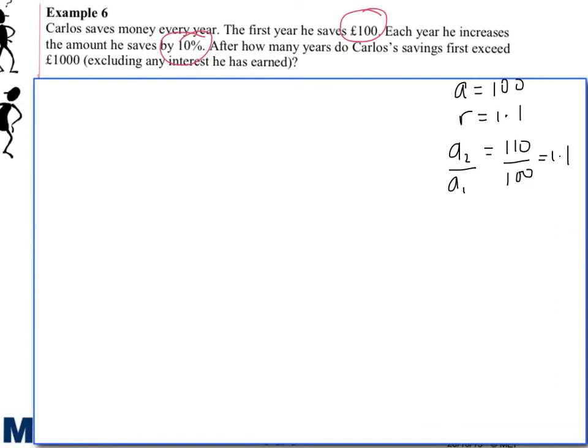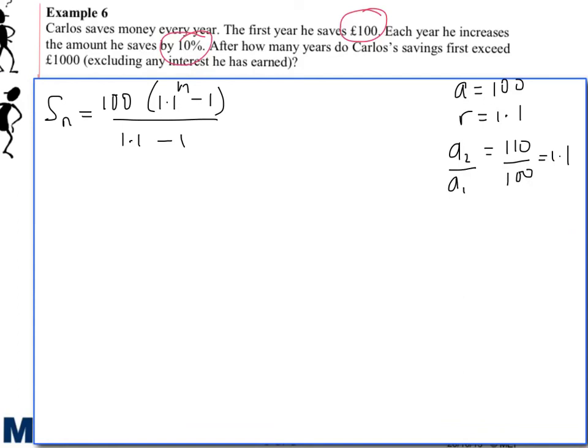So we want to work out this sum after n years. So let's write that down. Sum after n years equals 100(1.1^n - 1) divided by 1.1 take away 1.